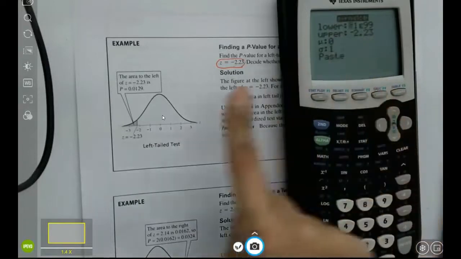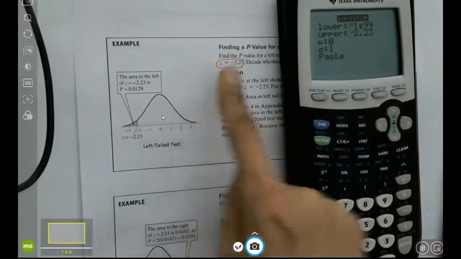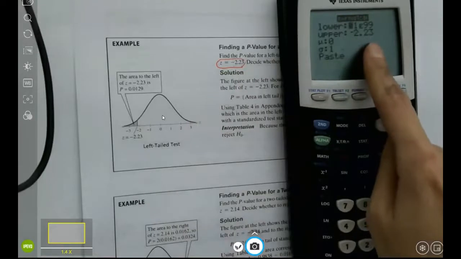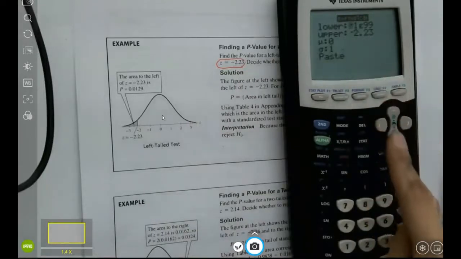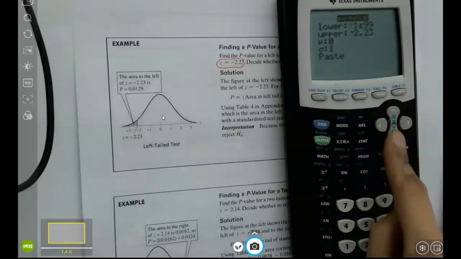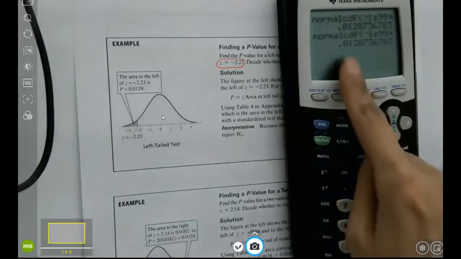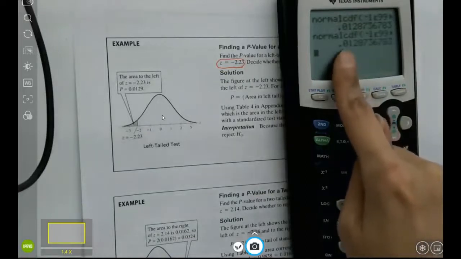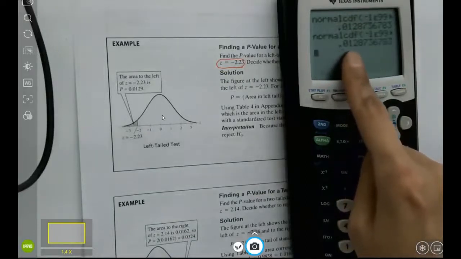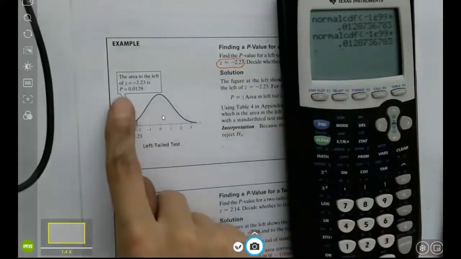Upper limit, you enter your z value, which is minus 2.23. Since it's a z value, mu must be 0 and sigma must be 1. So let us paste, calculate. We get the area on the left side, which is 0.0129. This is your p-value.